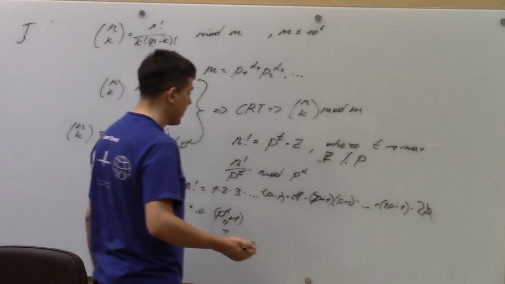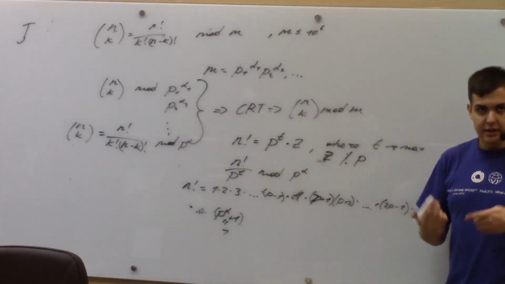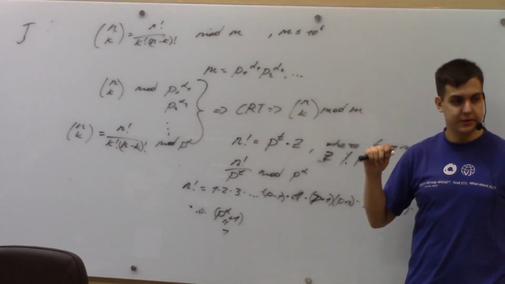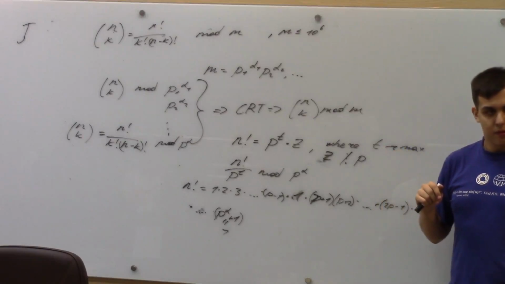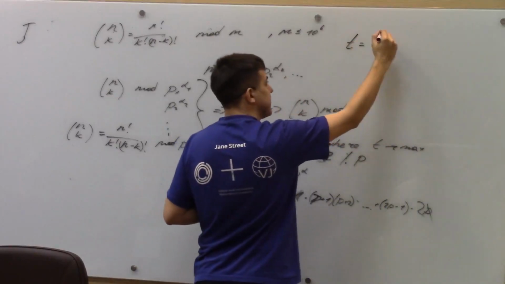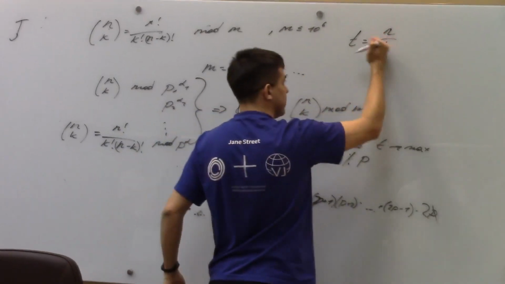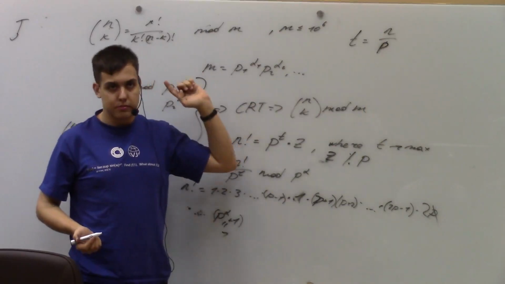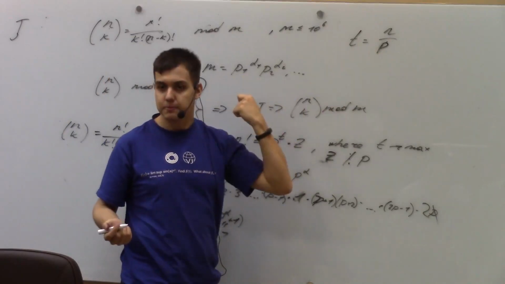Okay. By the way, do you know how to calculate this t? What is the exponent of p in the factorization of n factorial? It turns out that t is equal to n divided by p, rounded down. So this is the total number of numbers that are divisible by p at least once.